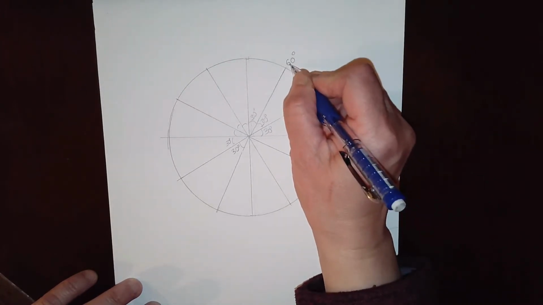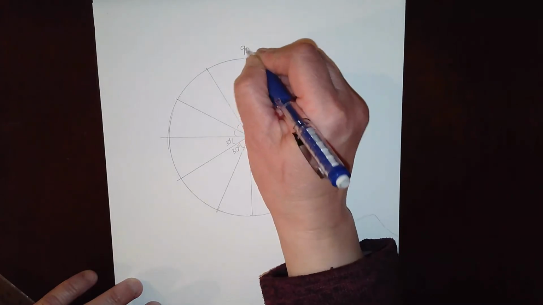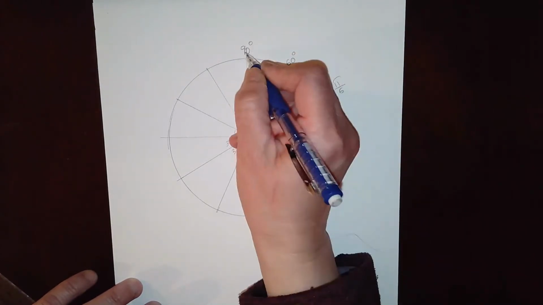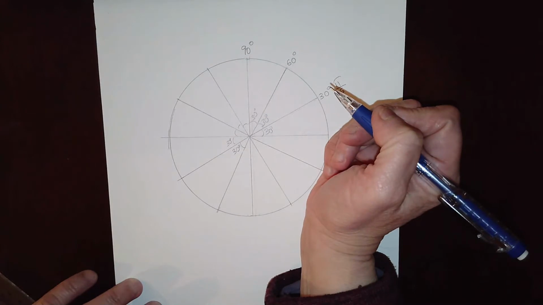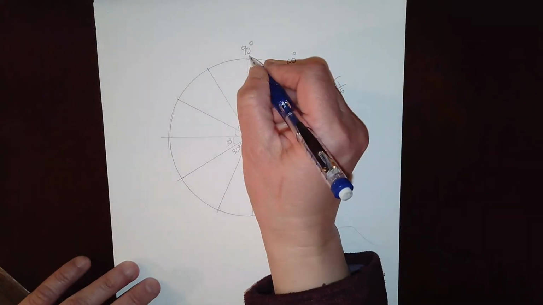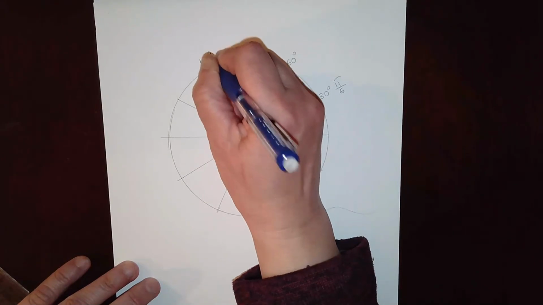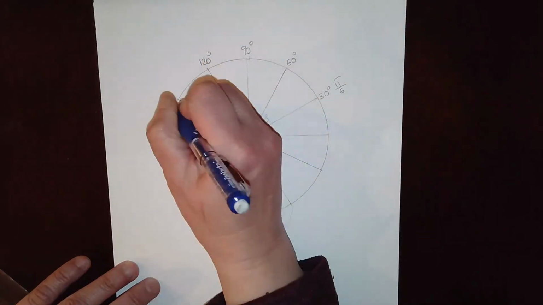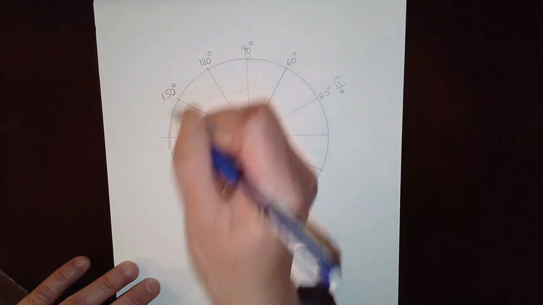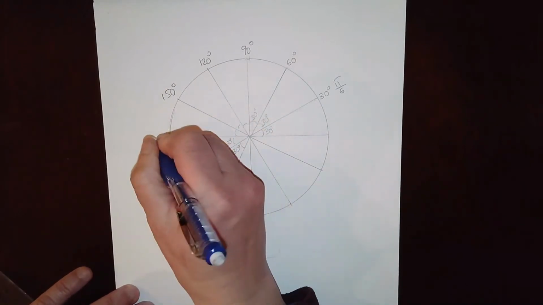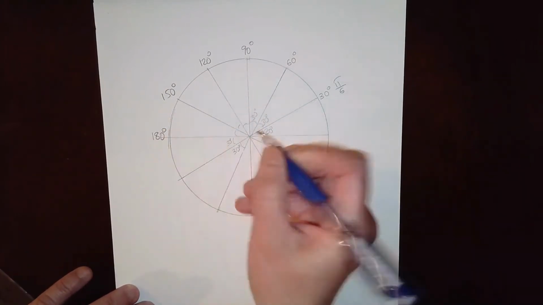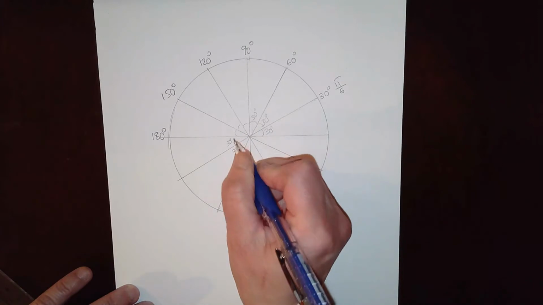Add to it 30 degrees, you get 90 degrees, which you already knew. 90 plus 30, that would be 120. 120 plus 30, that's 150 degrees. 150 plus 30, that's 180 degrees. You already knew that. This is a straight angle.